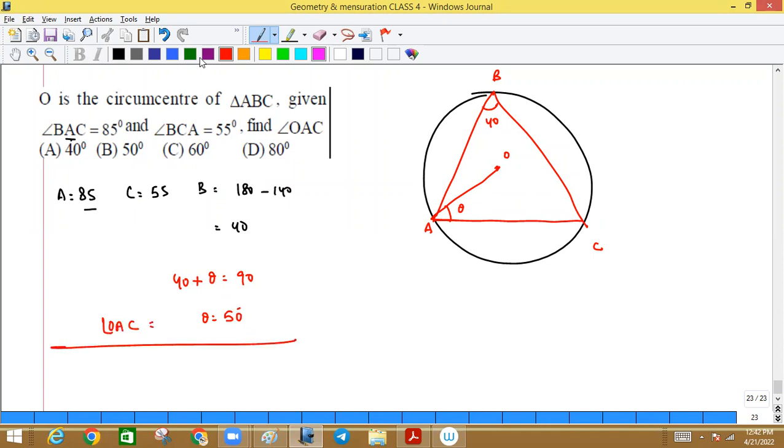You have to remember this. If not, just see here. It is 40. At the center, it is 80. Double it. And what kind of a triangle is it? Isosceles. 2 theta plus 80 equal to 180. 2 theta equal to 100. 2 theta equal to 100 means theta equal to what? 50. But I just want you to remember this angle and this angle is always what? Complementary angles. That sum is always 90 degrees.